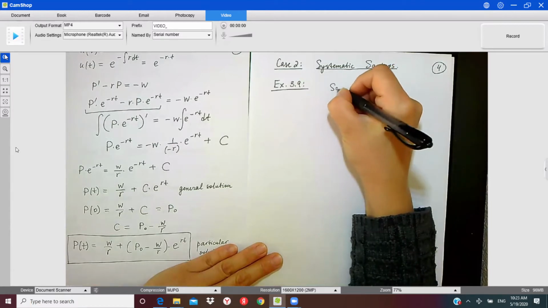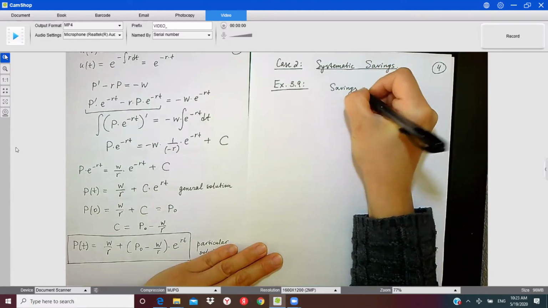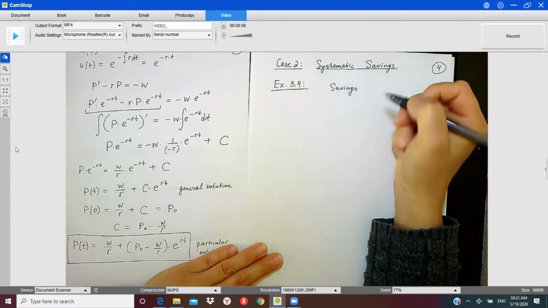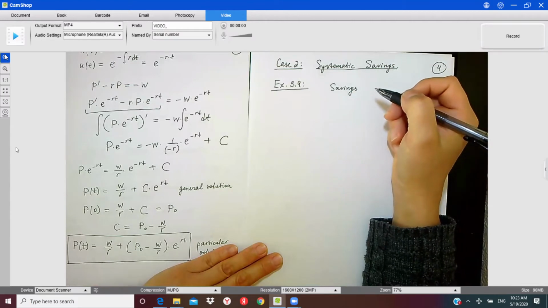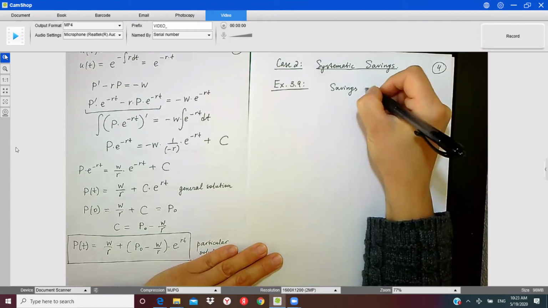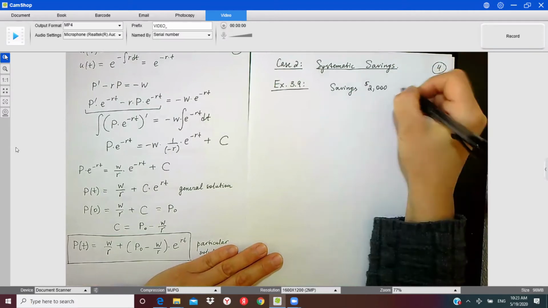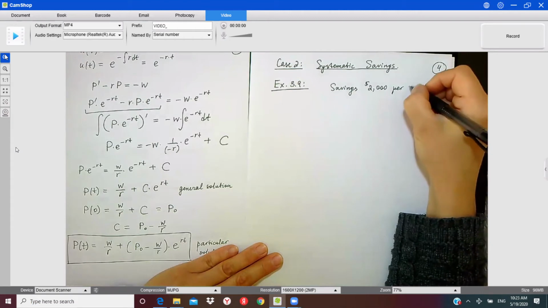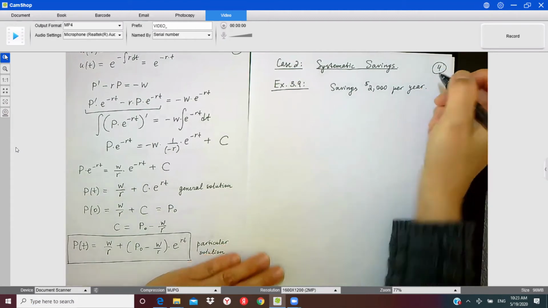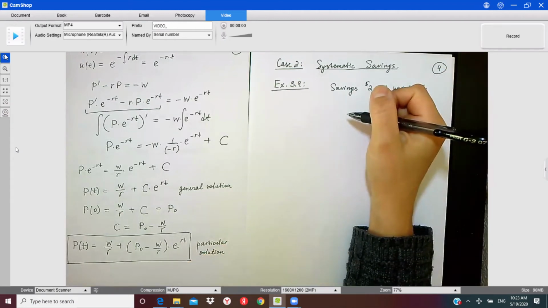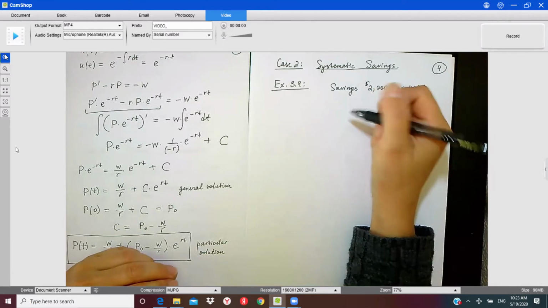So savings, which means deposits. You make regular deposits, $2,000 per year. All right, so we assume 5% per year compounded continuously.